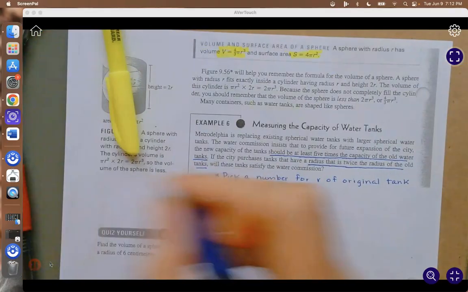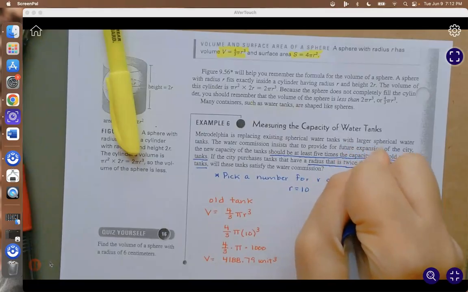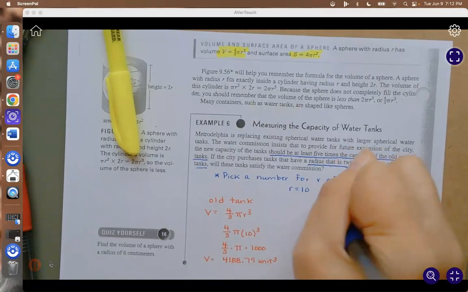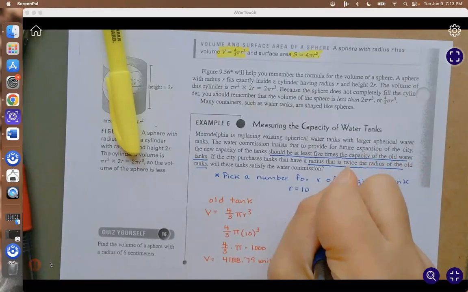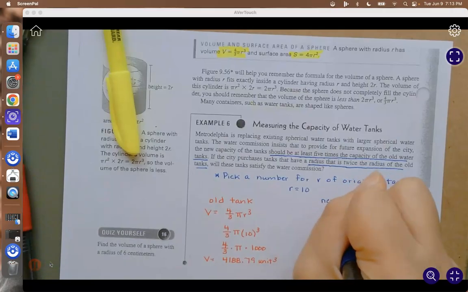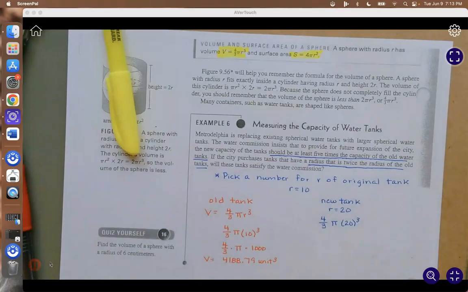All right, let's look at the new tank. So it says the radius is twice, so now the radius is 20. So we do 4/3 pi times 20 cubed.